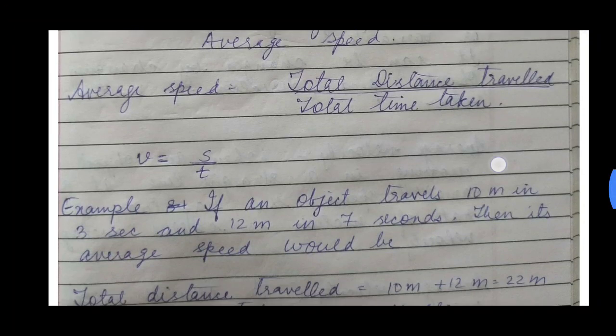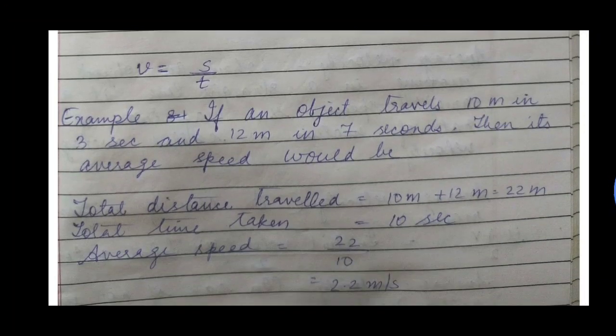Now let's learn this with an example. If an object travels 10 meters in 3 seconds and 12 meters in 7 seconds, then its average speed will be?